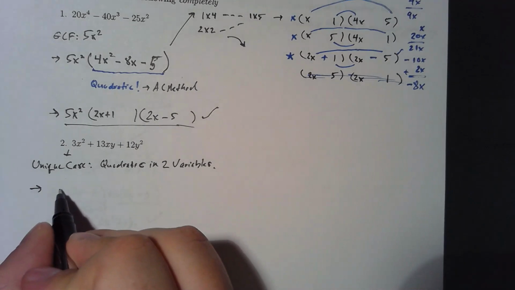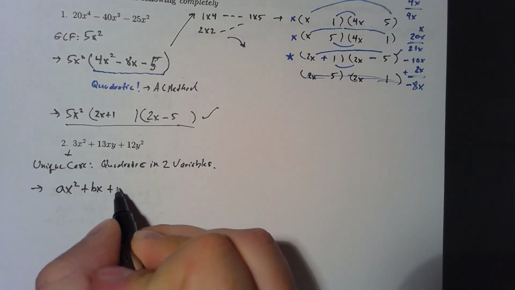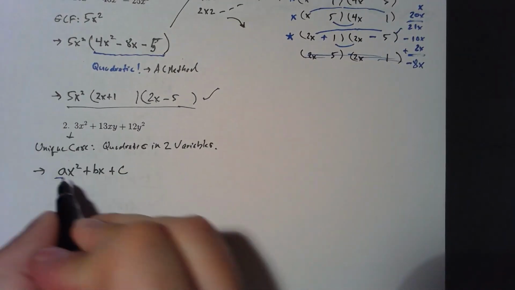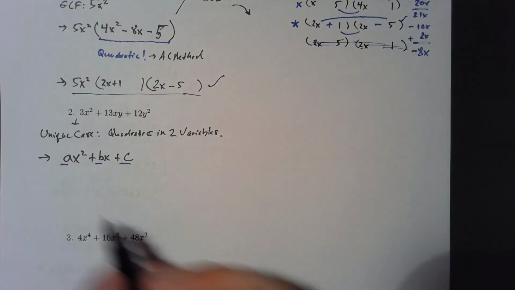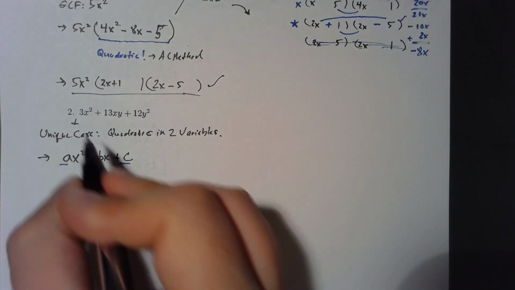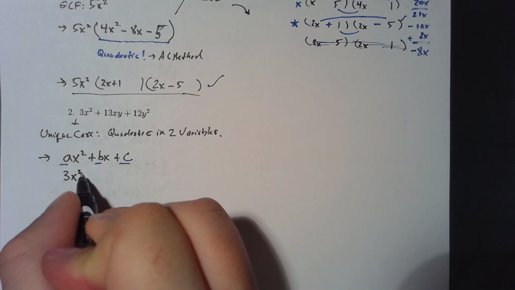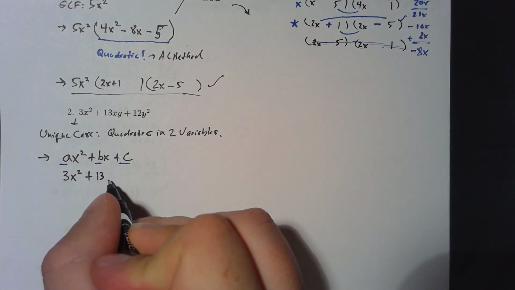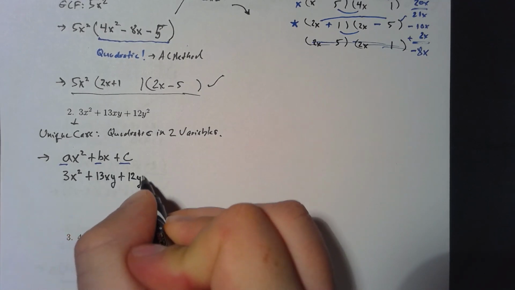So if I wrote the form of a quadratic, ax squared plus bx plus c, right? The values a, b, and c are the coefficients and the constant, right? The x variable is the quadratic part. So if I wrote this down here just to show you, 3x squared plus 13xy plus 12y squared.